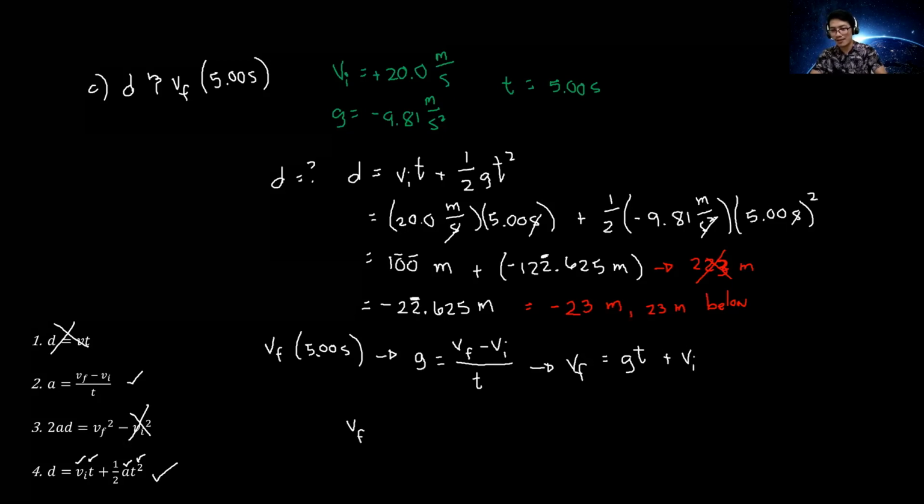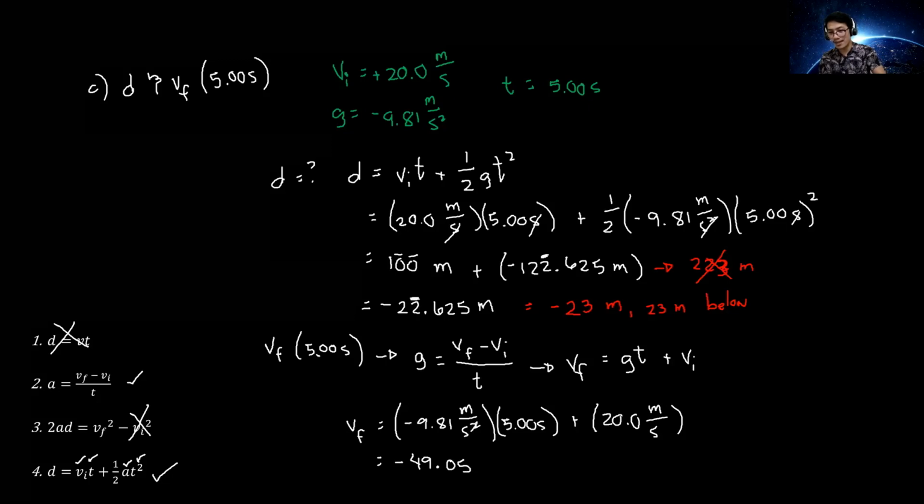Tama? So let's calculate. Velocity final is equal to what is our acceleration due to gravity? Negative 9.81 meters per second squared times the time, what is the time? 5.00 seconds. Plus, our initial velocity is 20.0 meters per second. So anong sagot nito? 9.81 times 5. That is negative 49.05.